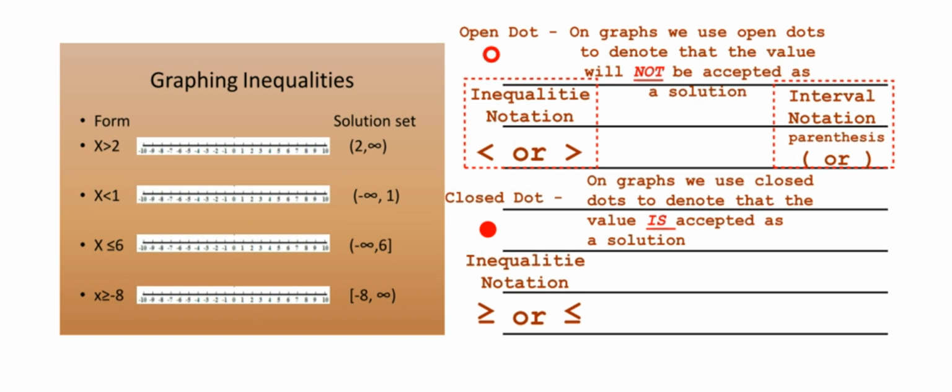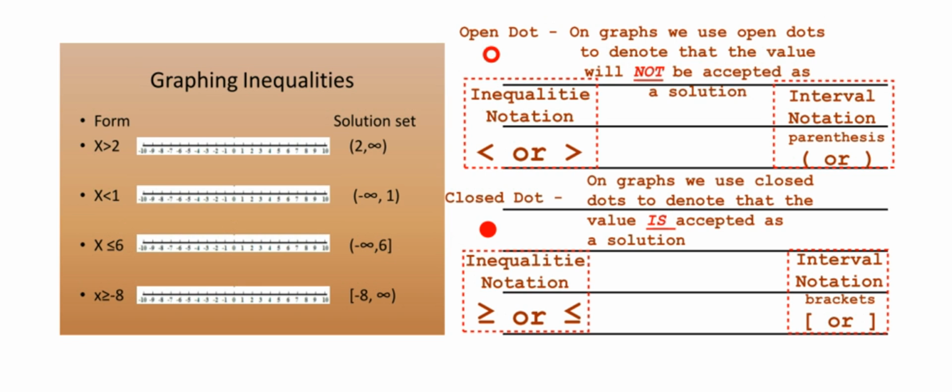So once again, greater than or equal to, or less than or equal to. In interval notation, we use brackets. So if it's an acceptable solution, we use inequalities with an equal sign, meaning a line on the bottom, or in interval notation, we use brackets.